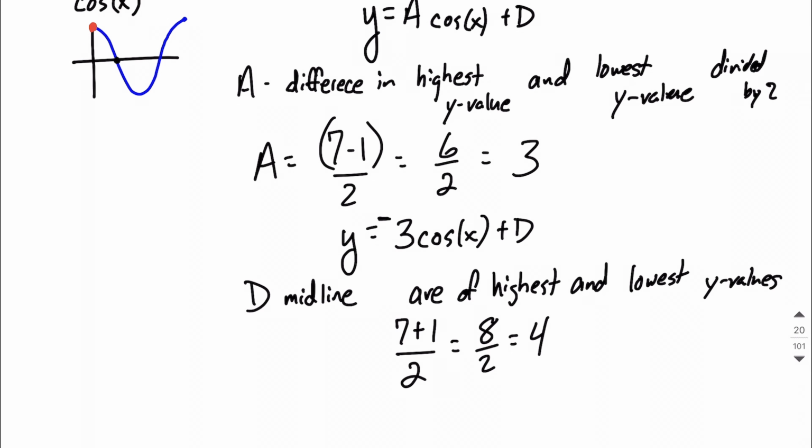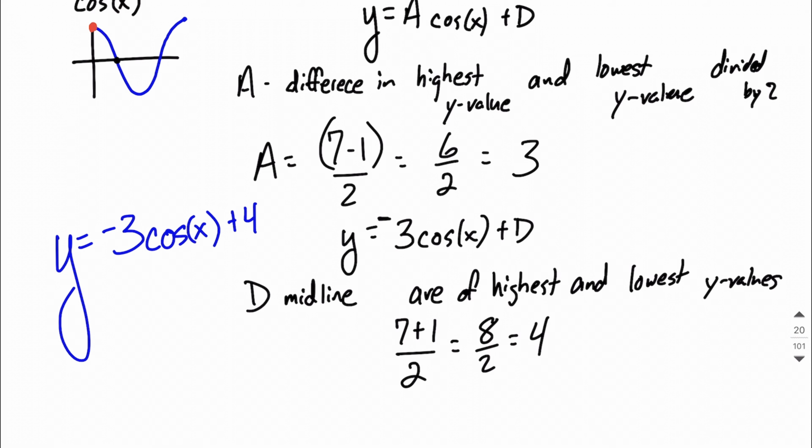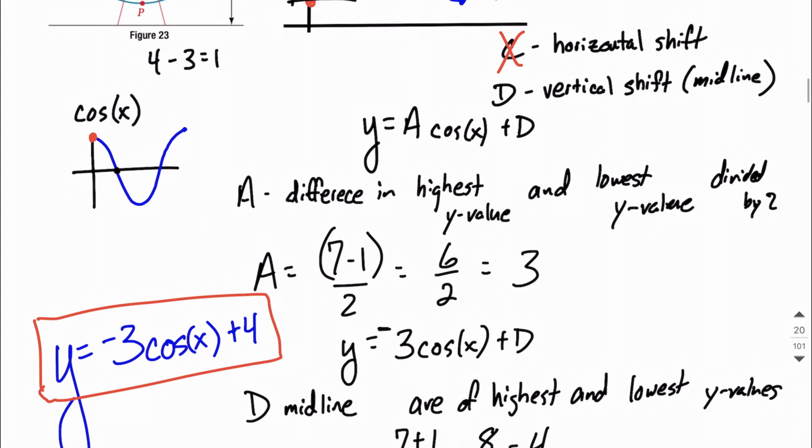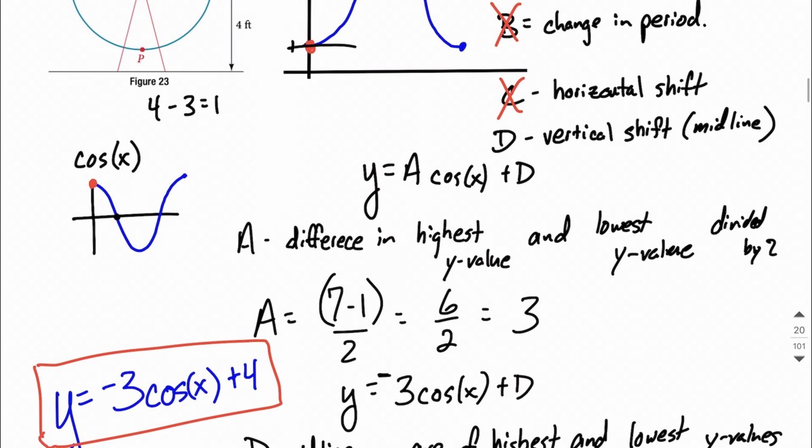So final answer, as we get done here, we're going to go y equals -3 cosine of x, and then plus 4 hanging out here at the end to be that vertical transformation. And that's going to be the function that gives us the graph of this situation about our circle 4 units above the ground with a radius of 3 that's rotating around.